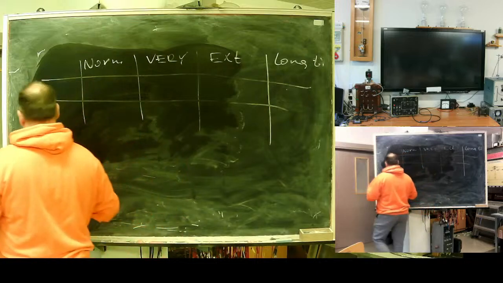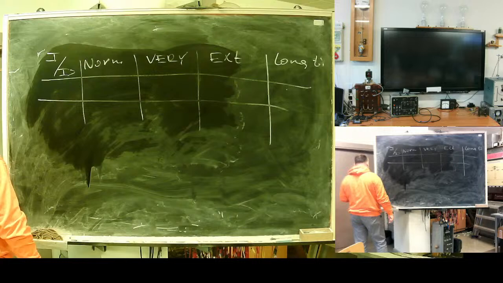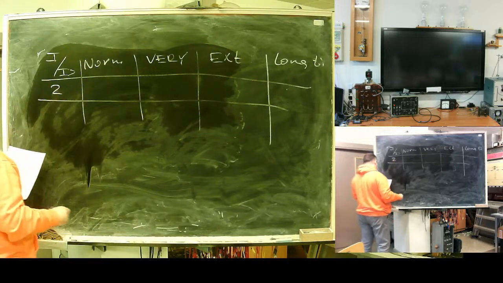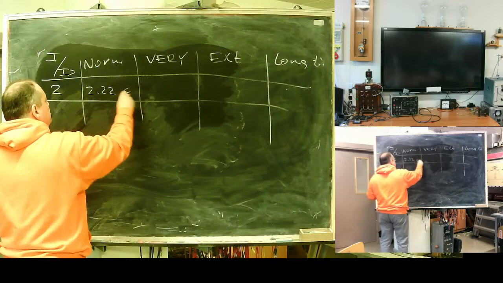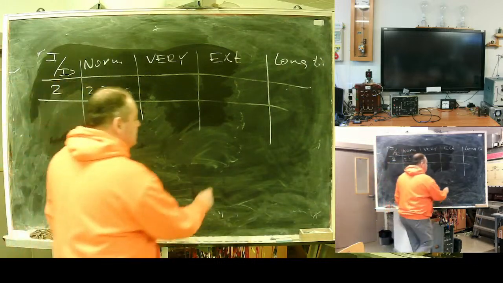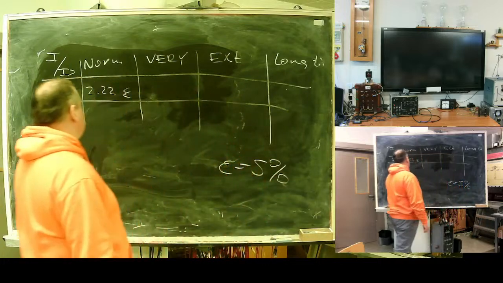This is current relative to pickup, 2.22 of basic. Tolerance is usually 5% for modern relays.